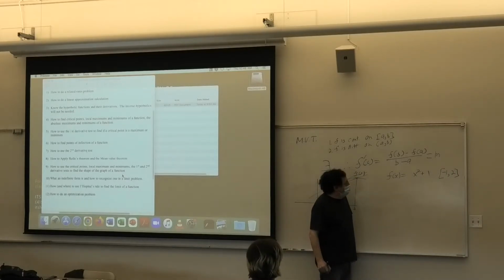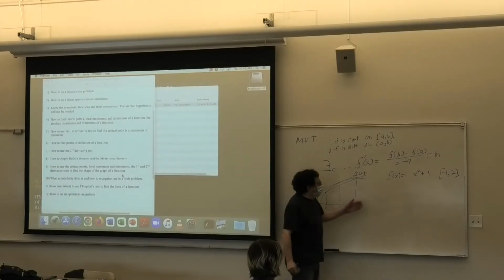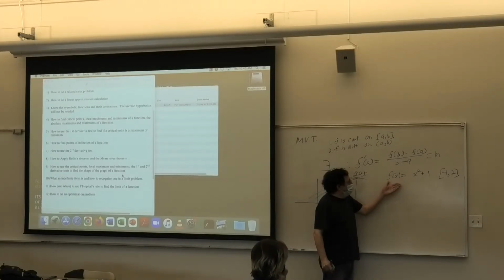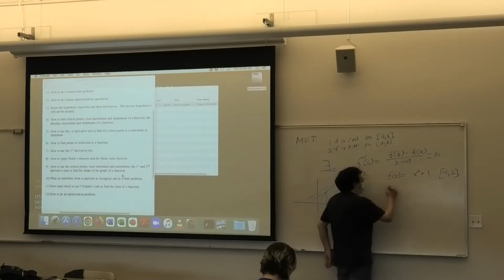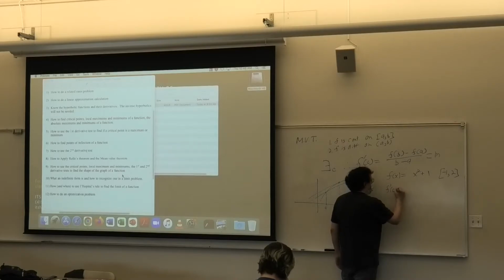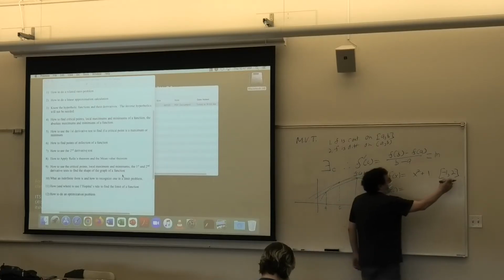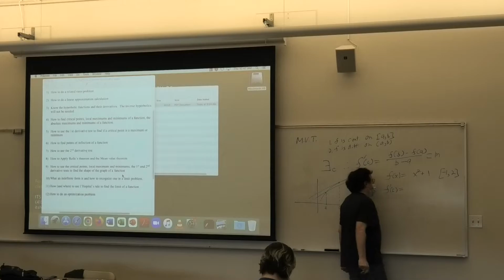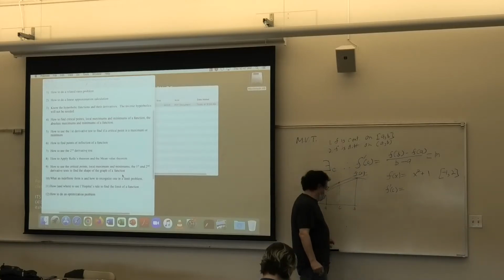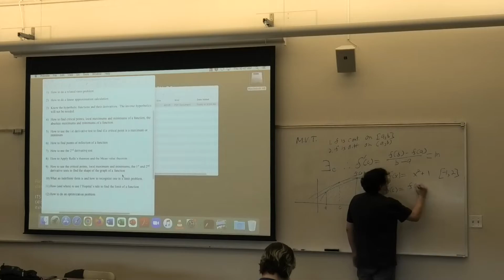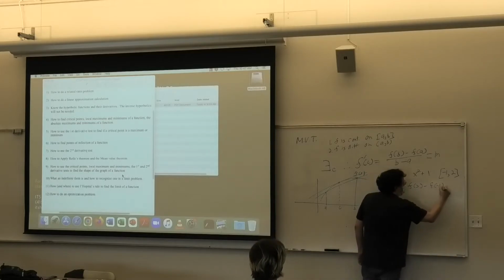So, using the mean value theorem, show me what f prime of c is, such that it is equal to the slope of, how do you say this? f of 2 minus f of minus 1, over 2 minus minus 1.